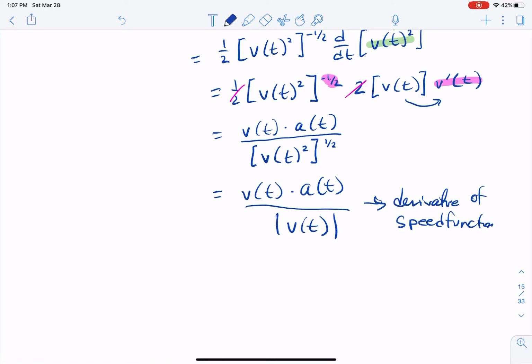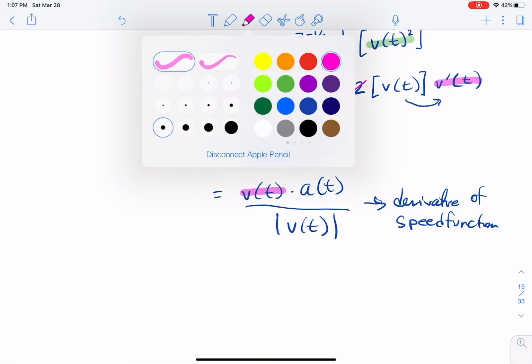If I want to see whether or not this is increasing or decreasing, we just check its sign. Well, notice that in this particular fraction here, the only thing that's affecting the sign, whether it's positive or negative, is the top, because the bottom's absolute value is always positive, so we don't care about it. The only thing that is affecting it is the top part, which is the velocity times the acceleration. So I look at the velocity, I look at the acceleration.